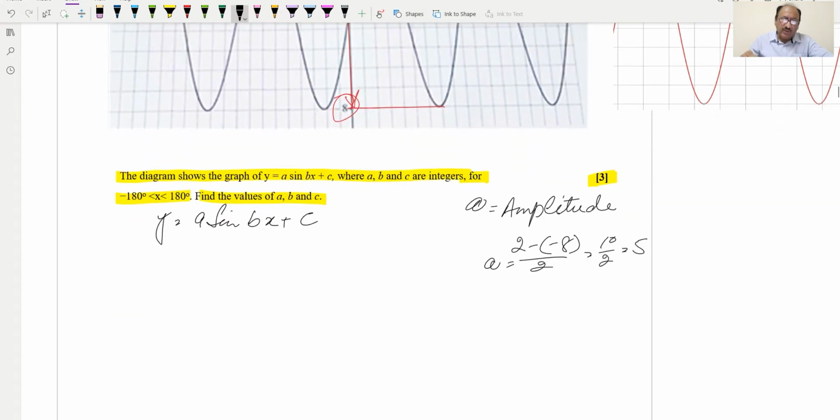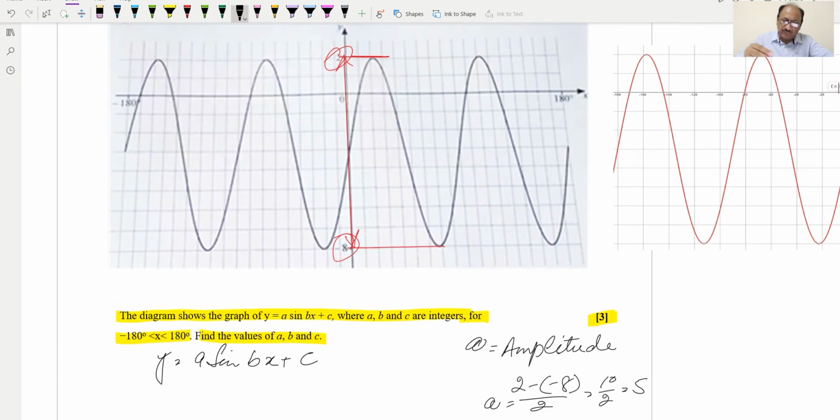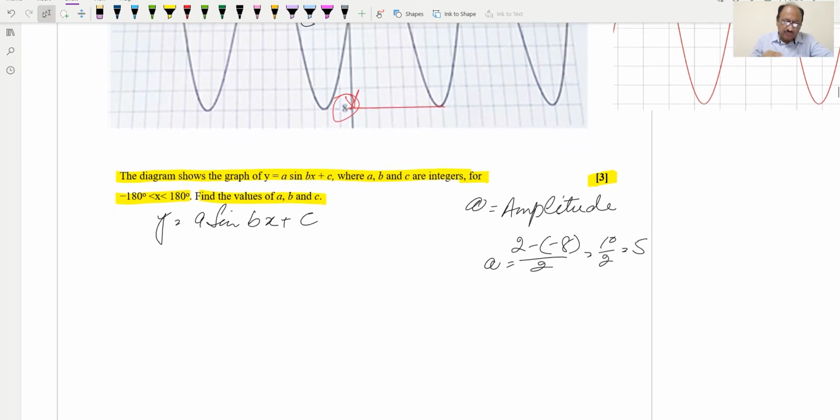Now we require b and c values. For the c value, we can use this point of intercept, which is this one. We can take this point as (0, -3), and it is lying on the curve, so it will satisfy the equation.